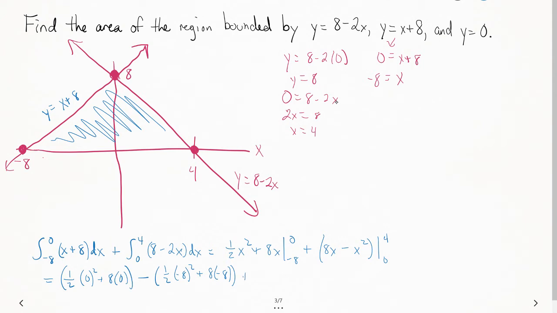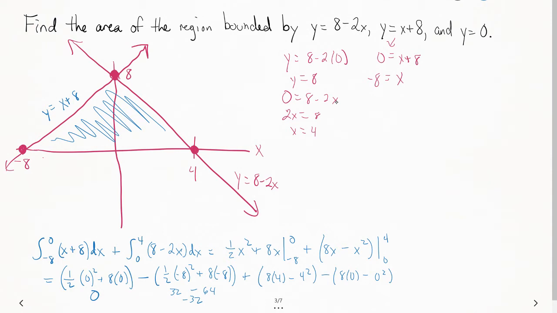Okay, then plus 8 times 4 minus 4 squared minus 8 times 0 minus 0 squared. So notice that part's 0. You get 64 divided by 2 is 32 minus 64. So notice that's -32 right there.